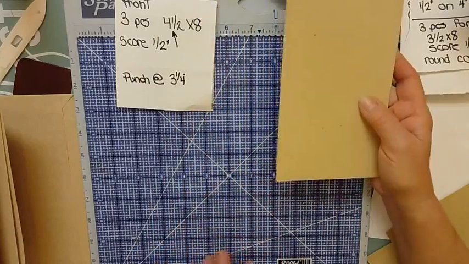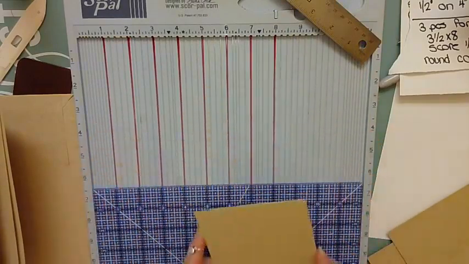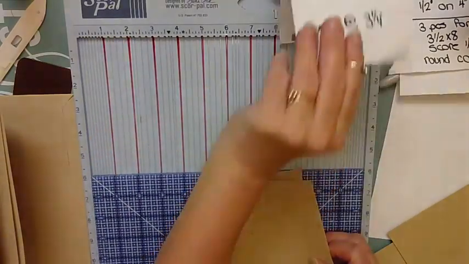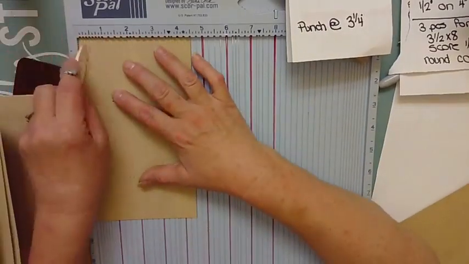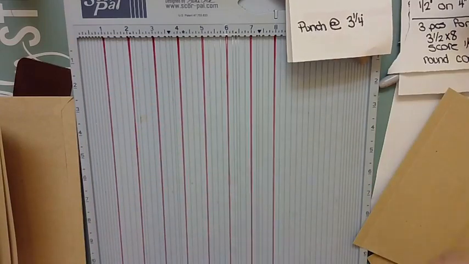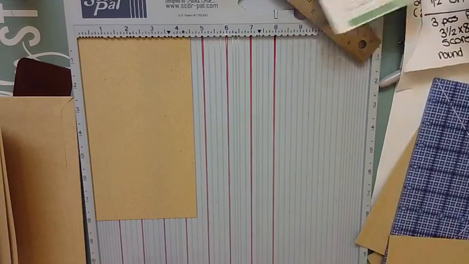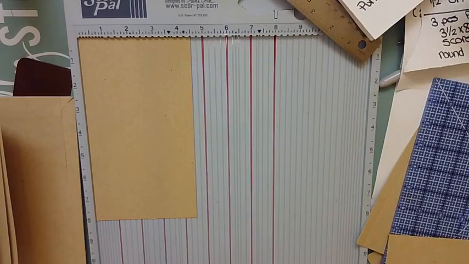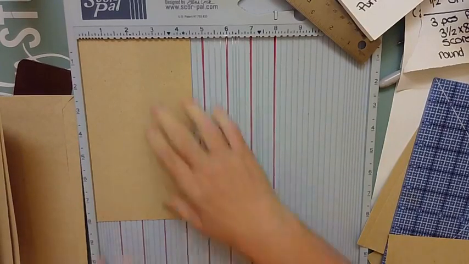So what I want you to do is score at a 1/2 inch on the 4.5 inch side. So we want to score a 1/2 inch. Sorry, dropped my scoring tool. 1/2 inch.